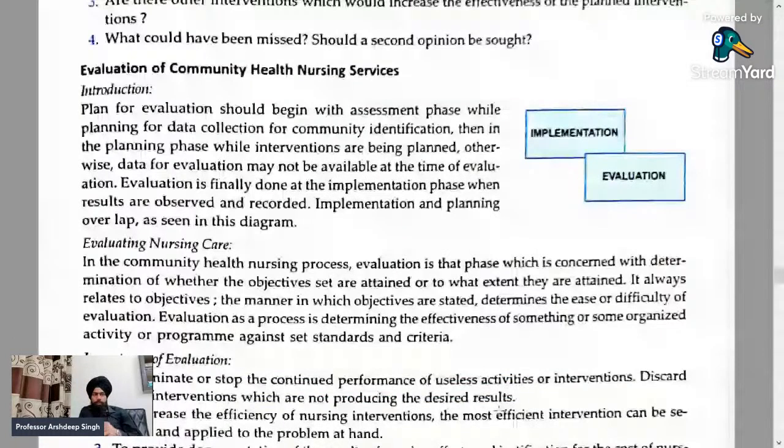So what is evaluation? The plan for evaluation should begin with the assessment phase, while planning for data collection for community identification, then in the planning phase, while interventions are being planned, otherwise data for evaluation may not be available. So you have to check for the results in short.